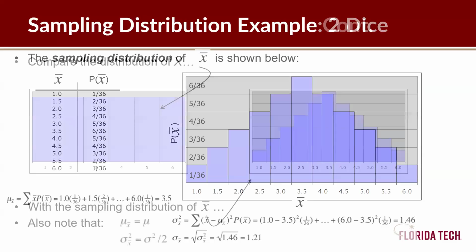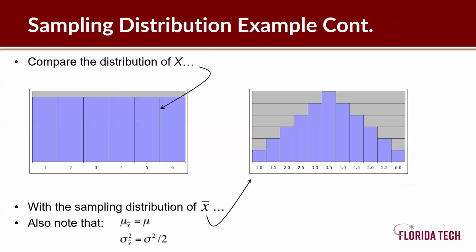And so let's compare the distribution of X, the random variable itself, where everything was equally probable, with the sampling distribution of the sample mean x bar. They're not the same thing.